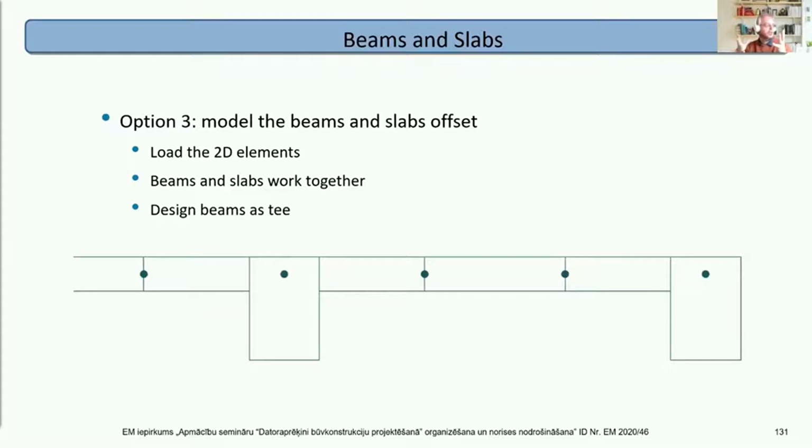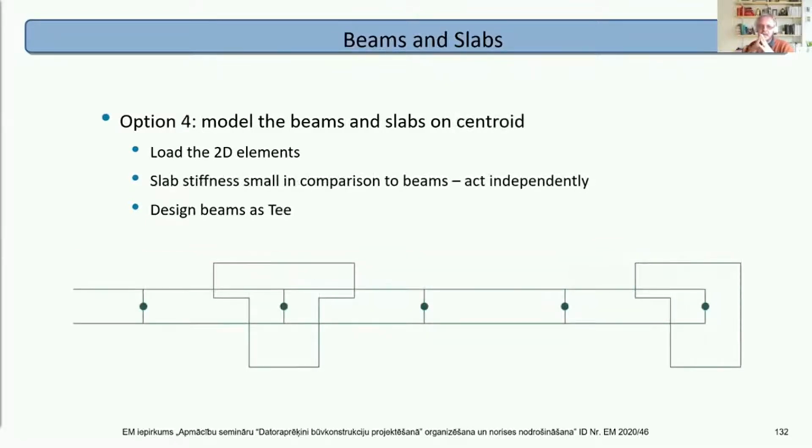Now, because this is an FE analysis, the effective width of those beams will vary across the span, which might or might not be in accordance with your effective width theory. It will just follow whatever the maths decides.